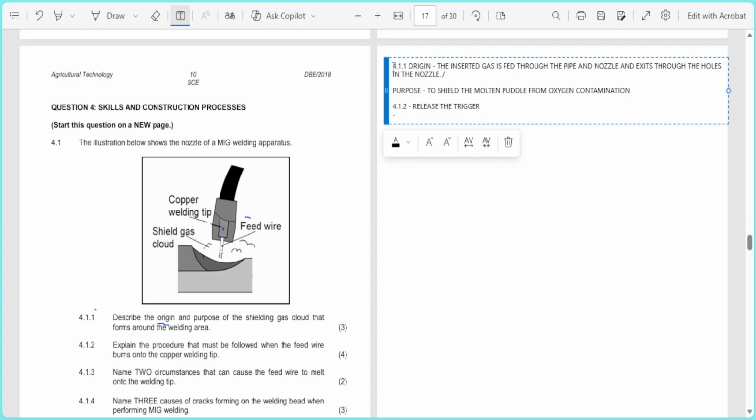Next step would be to use pliers and cut the blob from the welding tip. The blob that forms at the welding tip should be cut out.